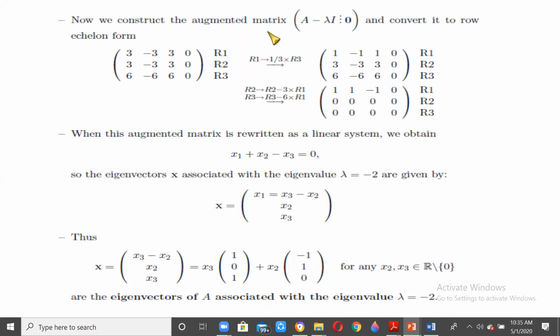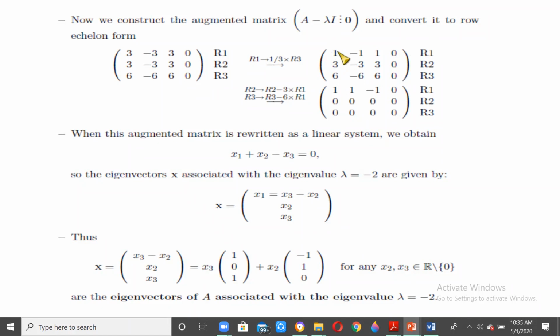So to construct this, again we go for the augmented matrix, and for that you divide by 1 by 3. The first row will get this. For the second row, again I want a 0 here, so it should be subtracted from the first row to make this value 0. When you multiply this R1 by 3 times and then subtract from R2, you'll get all these terms zeros here.